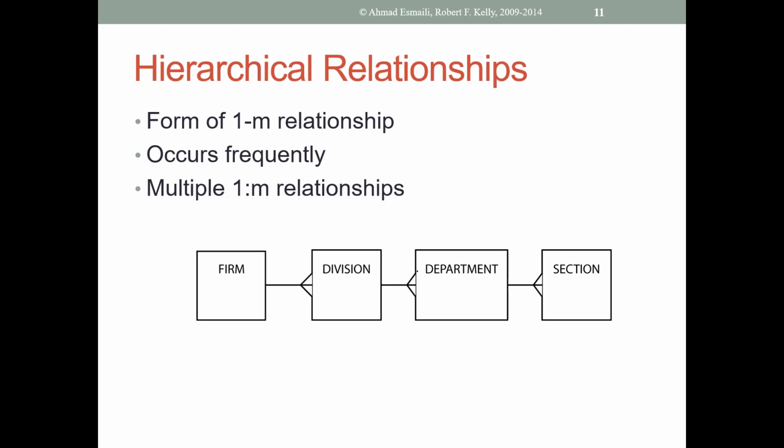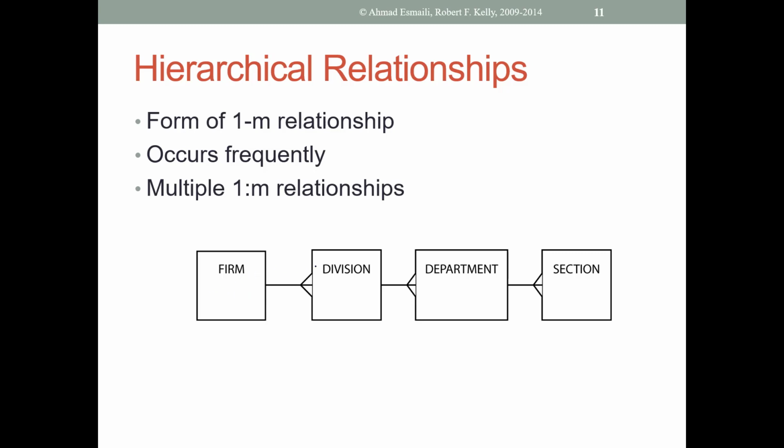Okay, so the interesting thing is that one-to-many relationship is very common in our day-to-day life. So here, if you have some hierarchical system somewhere, and you have to map that to a database design, then you can achieve that by having one-to-many relationships. So just think about an organization or a firm.